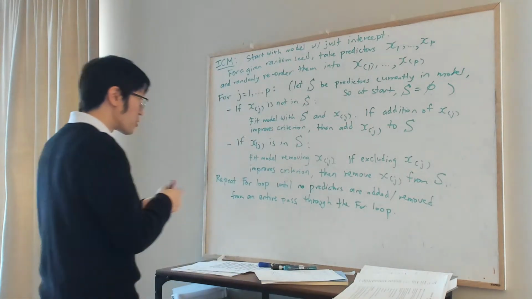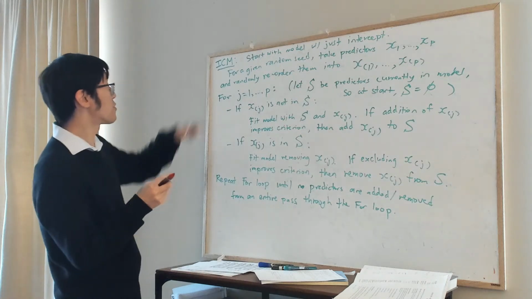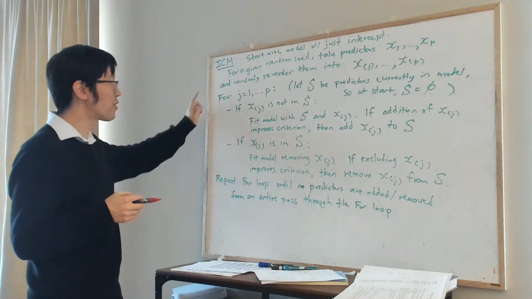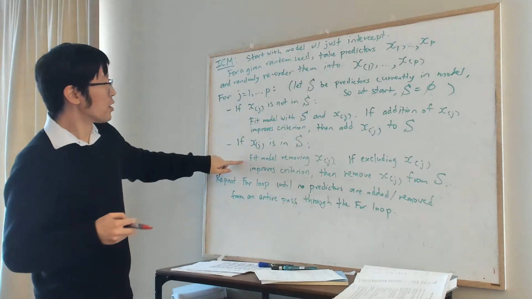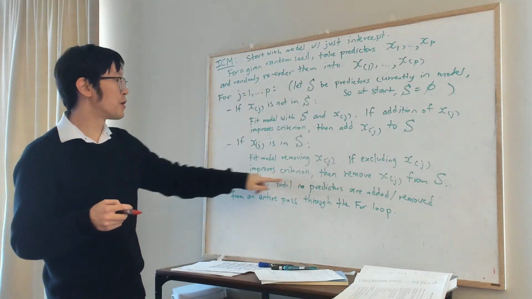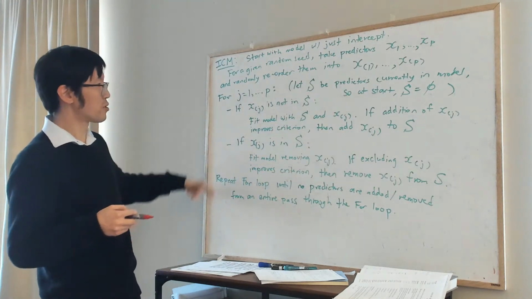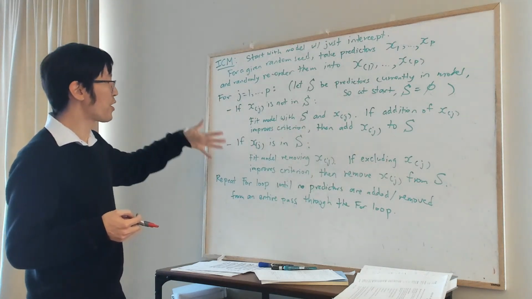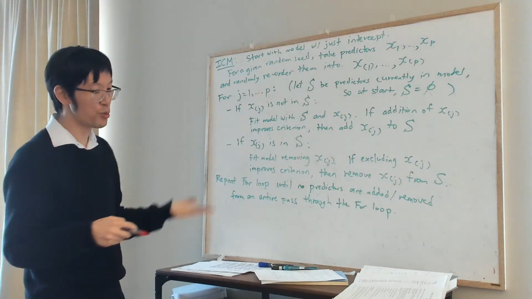Okay, so notice here that if you use a different seed, this procedure could give you a different set of variables, and for each of them, of course, you evaluate the criteria. So you could run this algorithm multiple times with different random seeds, and then find the one that has, for example, the lowest BIC.